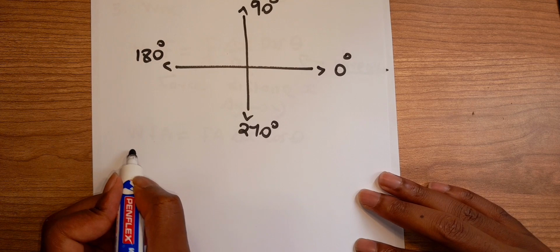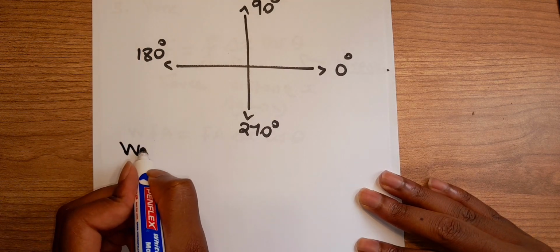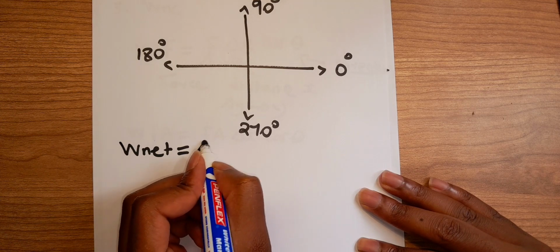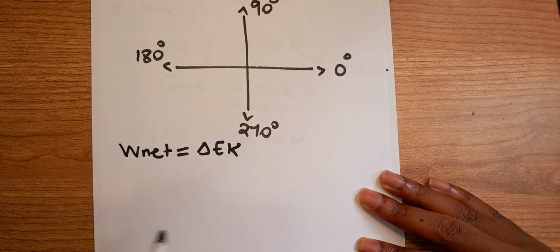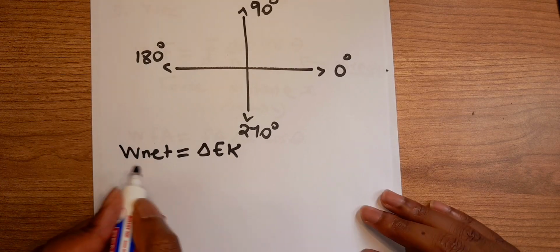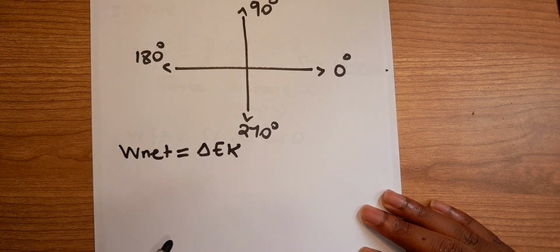So if we want to focus on work net, it is given by the formula: work net equals the change in kinetic energy. The work net is the sum of all the work done by the forces. So let's say we have a block.